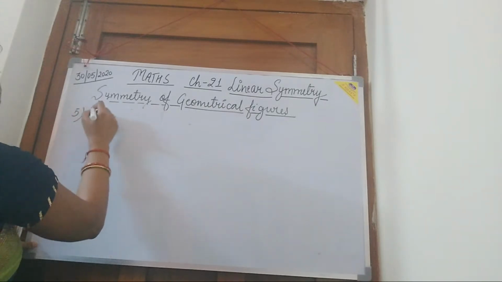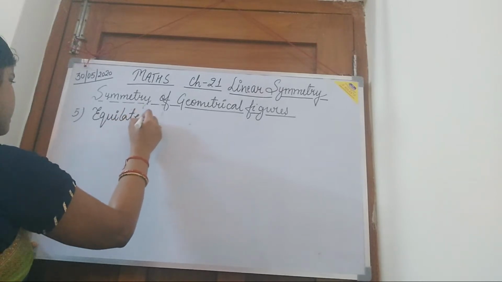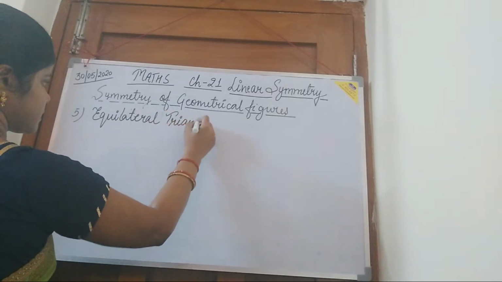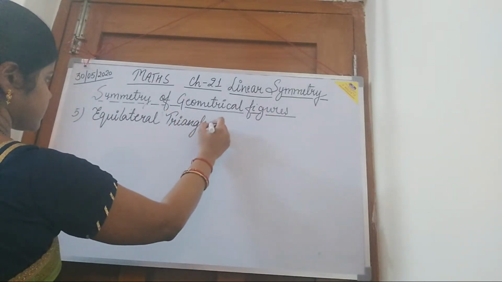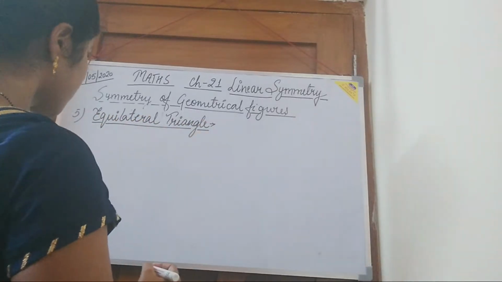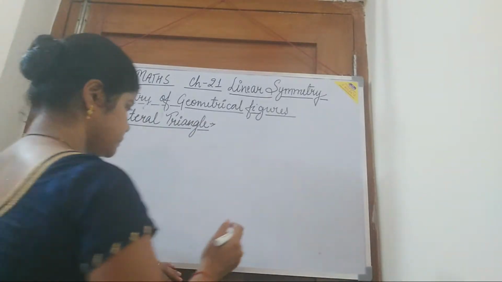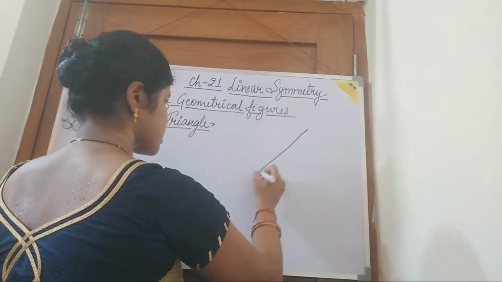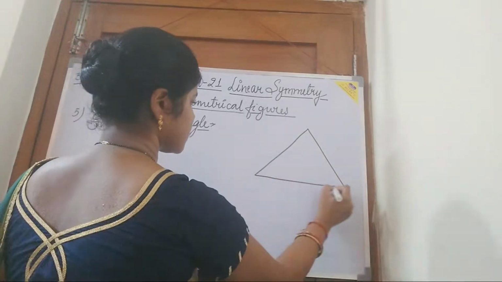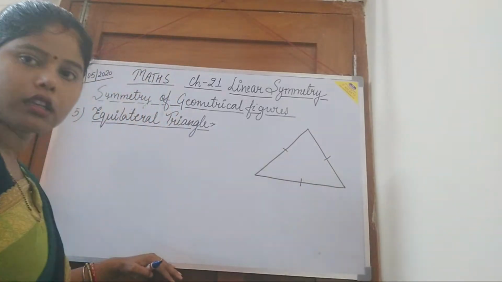Figure number 5 is the equilateral triangle. So in an equilateral triangle, all the three sides of the triangle are equal. So just draw three sides of equal length. Here all the three sides of this figure are equal.